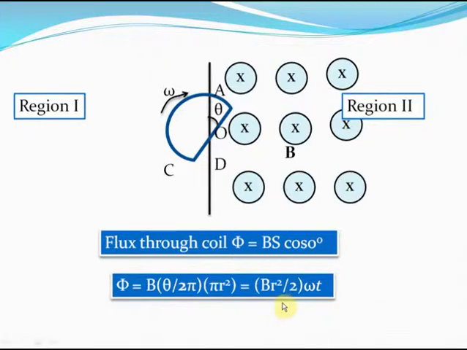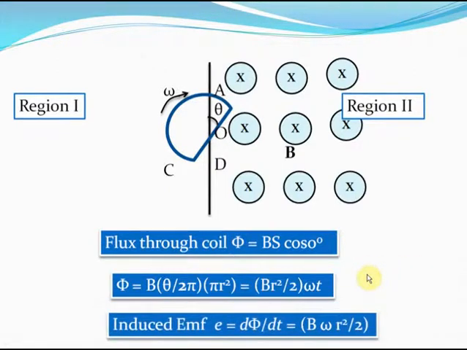And therefore, the net magnetic flux at any instant t comes out to be B r square by 2 omega t, because I have replaced theta by omega t, the angular velocity into time. When you differentiate the magnetic flux, you get the value of the induced EMF. The induced EMF in the loop is d phi by dt, which is B omega r square by 2, isn't it?